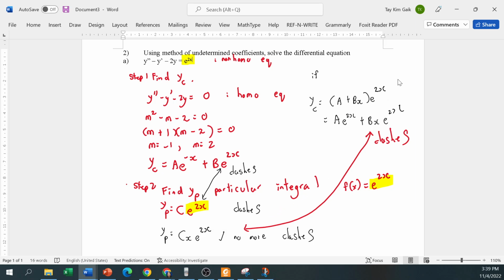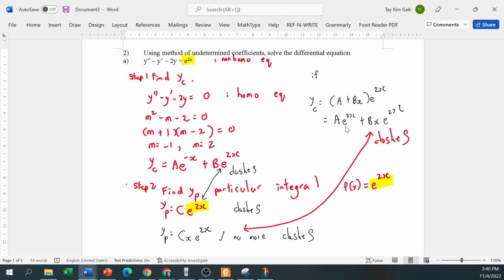If your yC has the solution a plus bx e to the power 2x, when you expand this, it is bx e to the power 2x. You check with this one, c x e to the power 2x: clash.